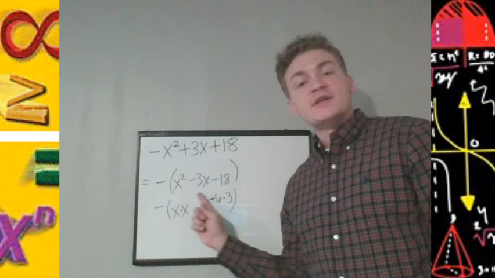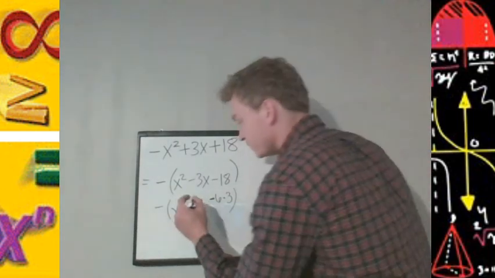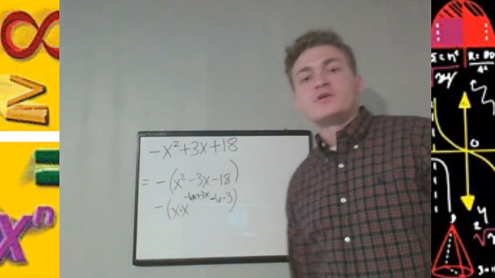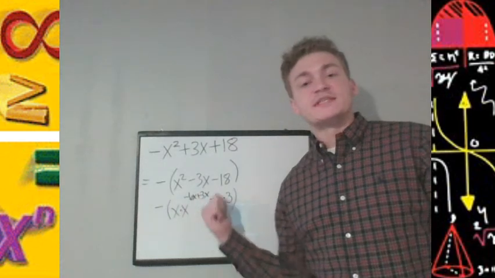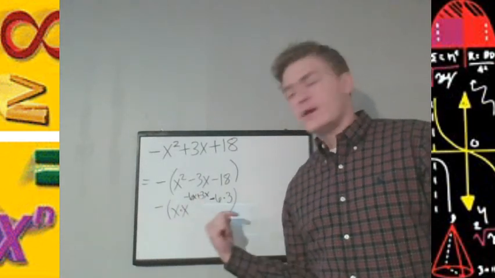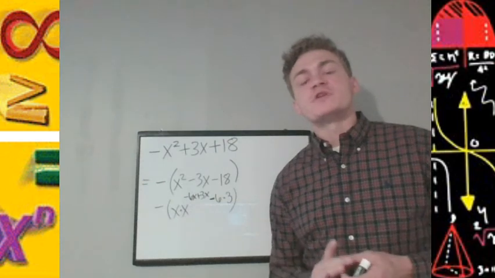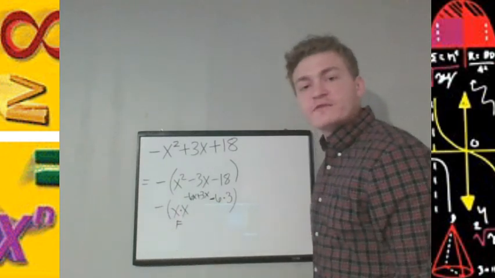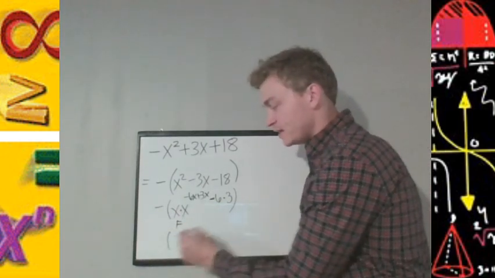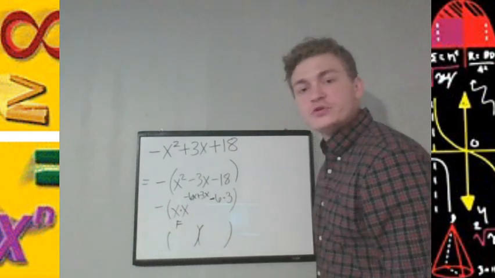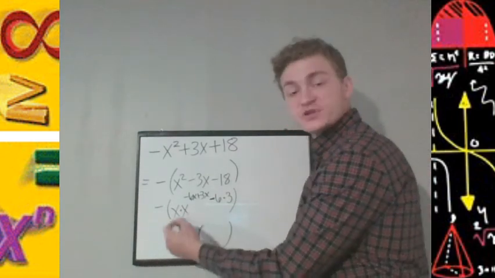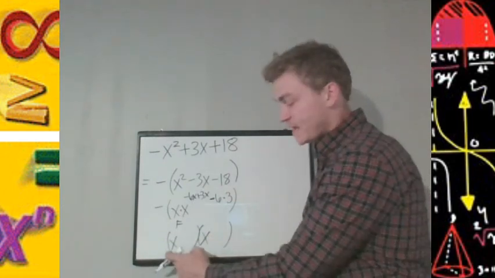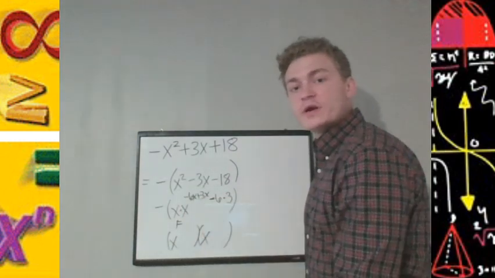In other words, this negative 3x is the result of the combination of negative 6x and positive 3x. Where do we get all of these terms? We are thinking about reversing our FOIL steps. The product of our first terms, x times x, states that the first term for each of our two binomial factors is an x, because x times x will give us the x squared.